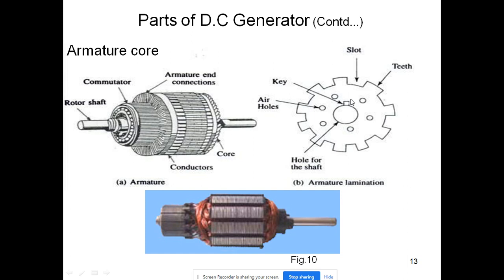In order to keep all the laminations as a single bunch, this key is used. And these are the air holes, used to dissipate the heat produced while rotating. And this is the hole for placing the shaft.